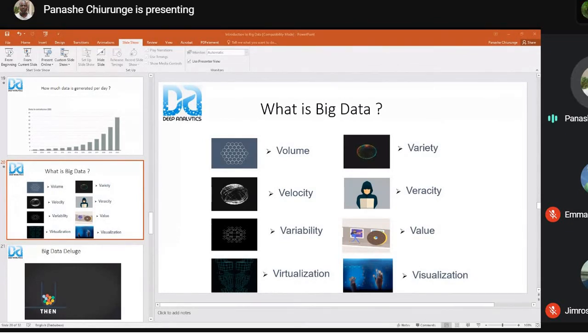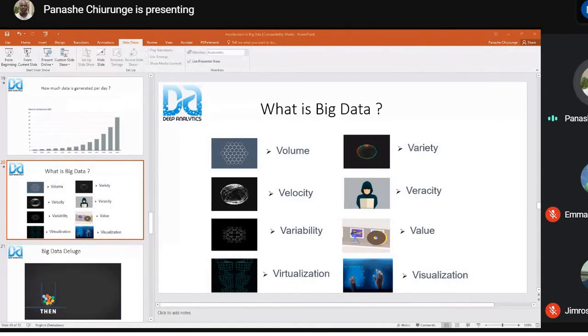And then variety. Variety has got to do with the different structures of data. Structured data is defined in clear rows and columns, like your spreadsheets and databases. Semi-structured data is more loosely defined, like your tweets, defined by a hashtag, or a Facebook post, defined by a particular link.